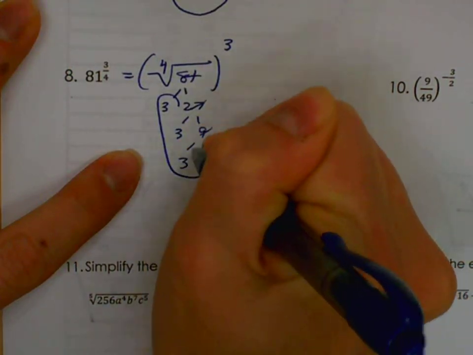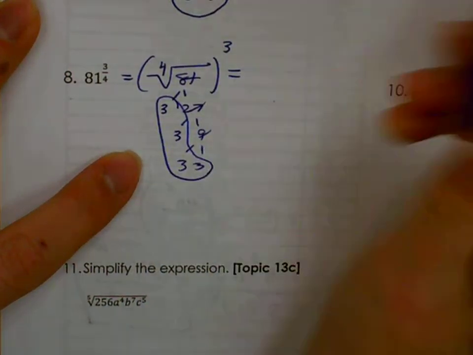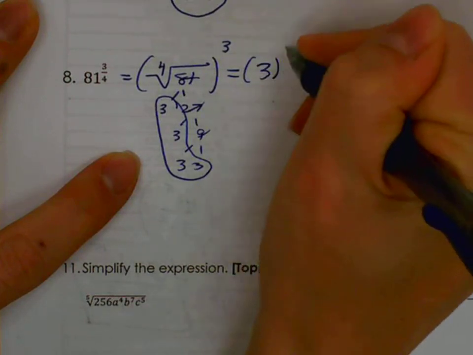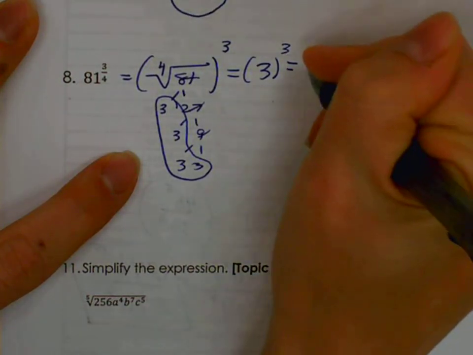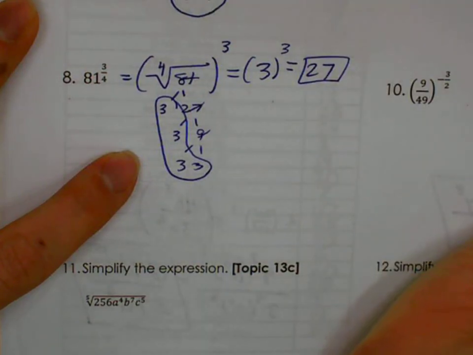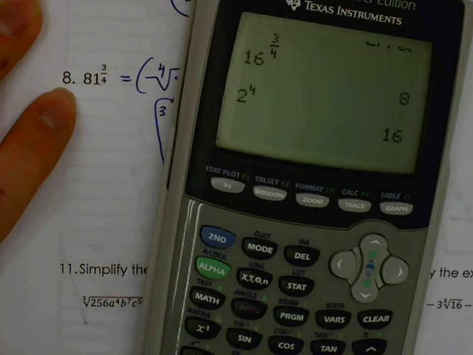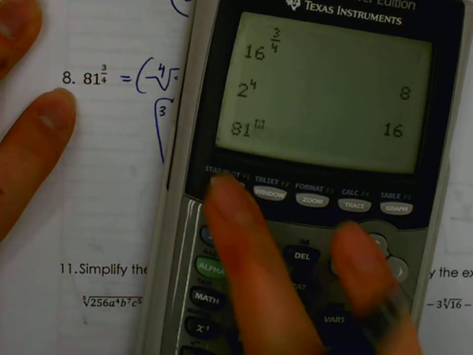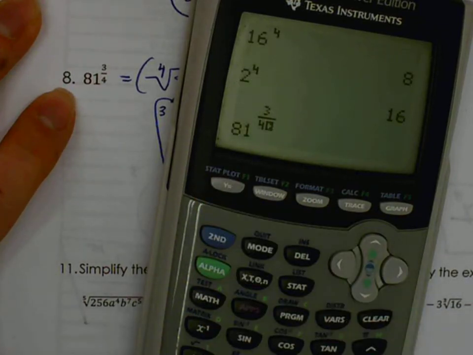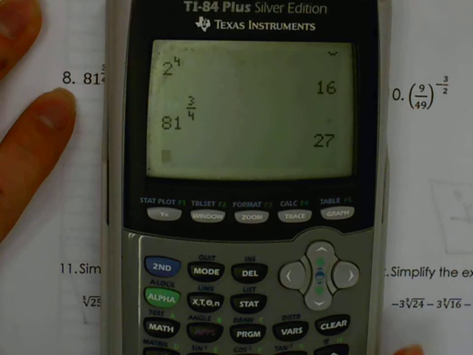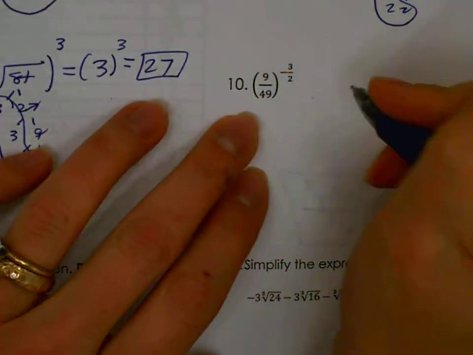So I have one group of 4 3s. So the fourth root of 81 is 3. And I need to cube that. 3 times 3 times 3 is 27. And again, with these number ones, check this in your calculator. After you've done this work on your quiz, put in 81 to the alpha y equals 3 over 4, and there's my answer, 27.